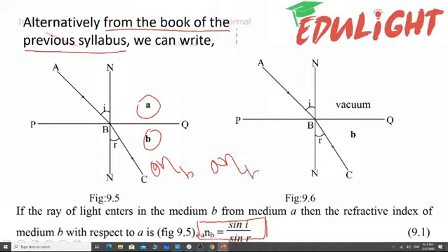I am writing the same thing on the white part of the slide. A eta B means the refractive index of medium B with respect to which medium? Medium A. This is mainly the form, not the one that the writer has given.